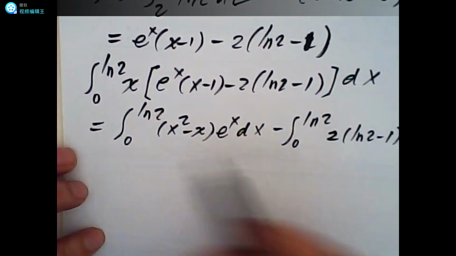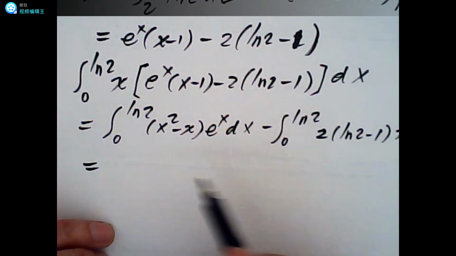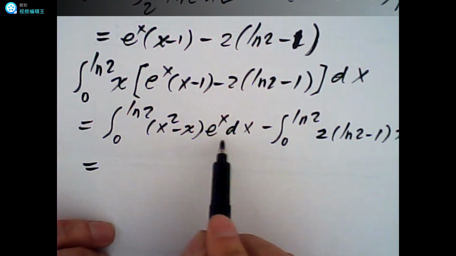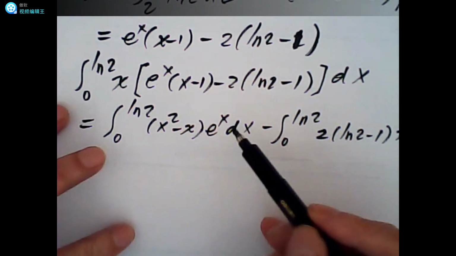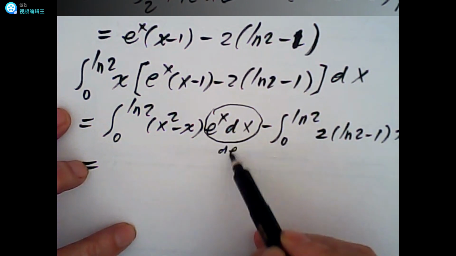This is simple to follow, but a little something to write. So for this one I can use integration by parts, right? This is d e to the x.